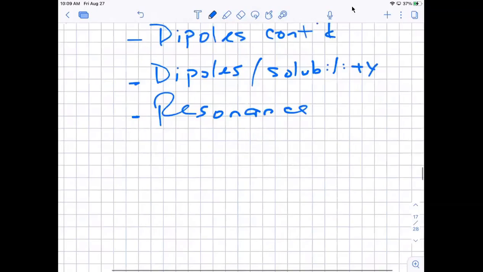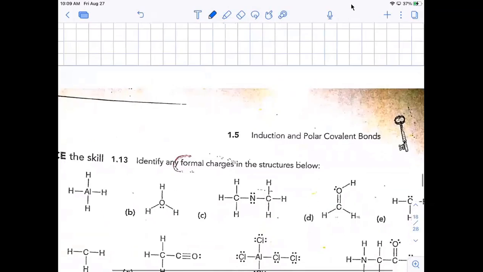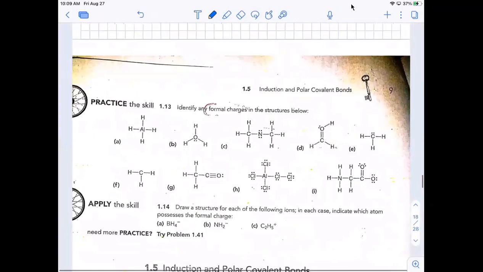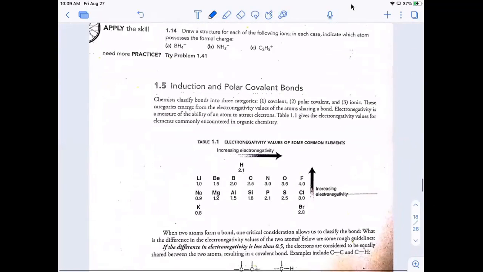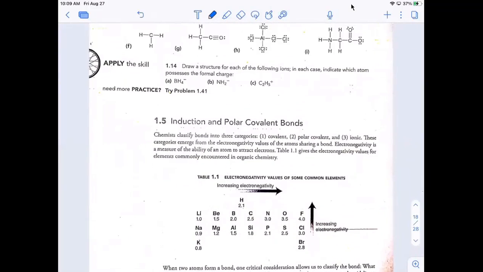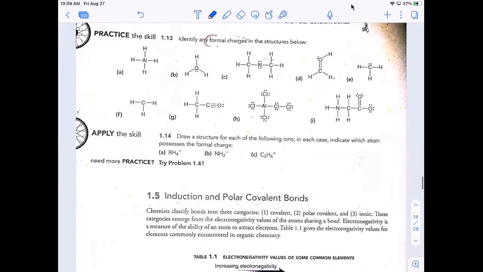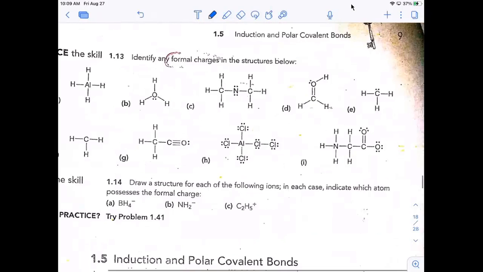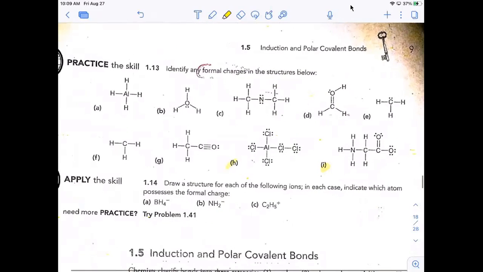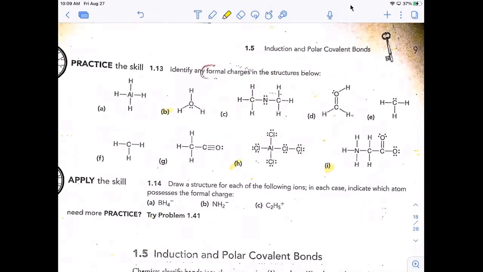All right, so let's jump in right here on this sheet, 1.13. And let's do I, H, B, and A and F. All right.